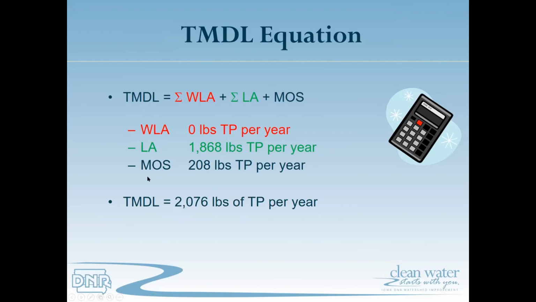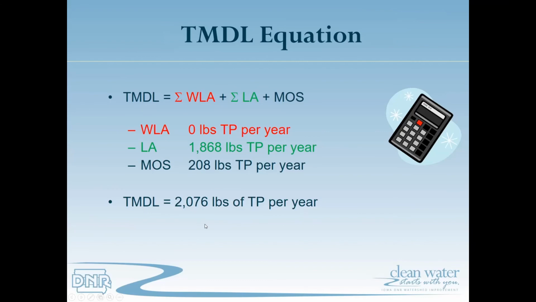And then we have a margin of safety of 208 pounds of total phosphorus per year, giving our TMDL or tipping point value of 2,076 pounds of total phosphorus per year. So what that means is any amount above 2,076 pounds of phosphorus per year could contribute to water quality expectations not being met. If we have that below, then that may indicate that water quality is improving or has been improved.